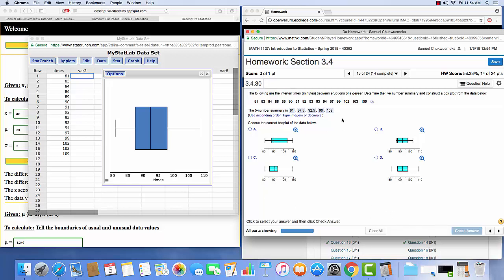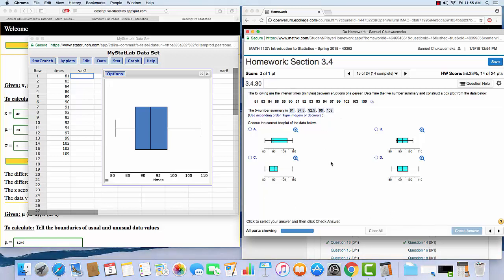Now let's look at the maximum. The maximum is 109. A is okay for now. C is okay, and D is okay for the maximum. Then let's look at the median. The median is 92.5.